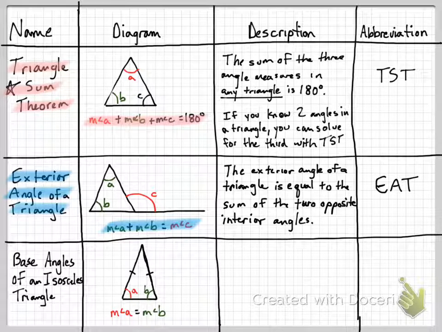And when it's equal, we use yellow. I'll go ahead and start writing the description down. You can copy along with that. So base angles of an isosceles triangle are equal in measure.